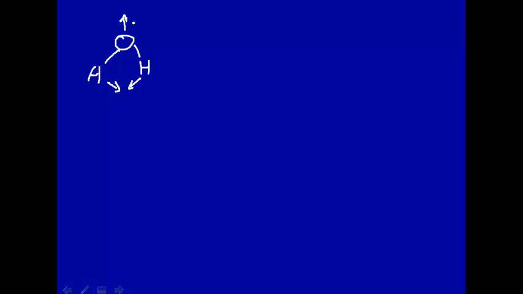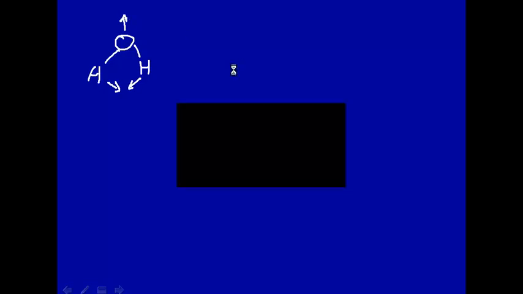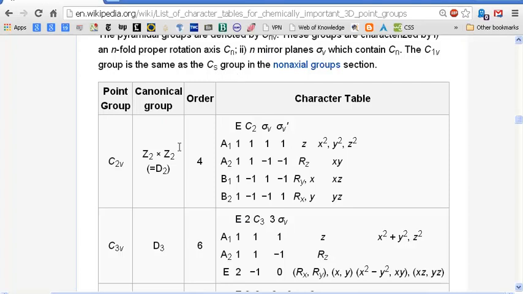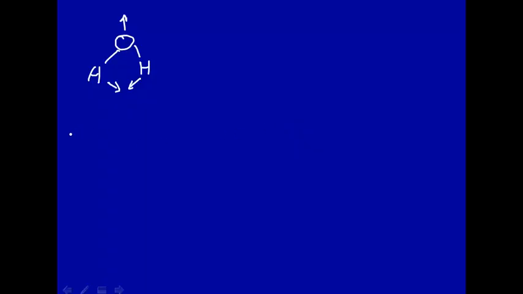Now if we look at the C2v point group, water belongs to that. There are 4 symmetry operations that we can do on the water molecule in the C2v symmetry: E, C2, sigma v, and sigma v prime. So let's see what happens to the direction of those vectors each time we do one of these symmetry operations.